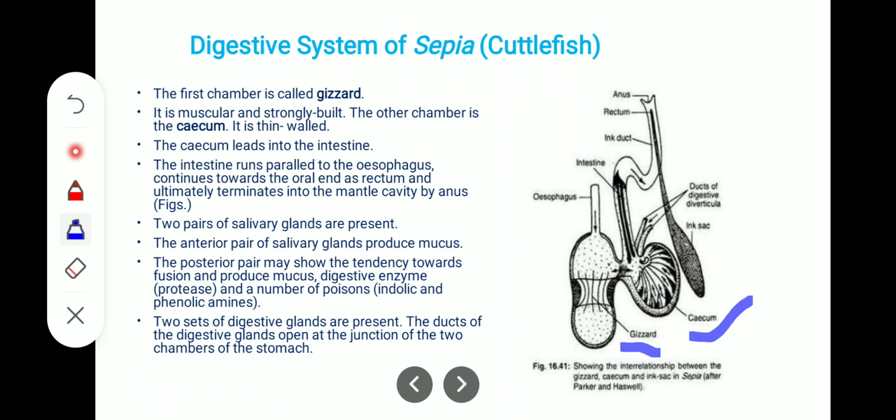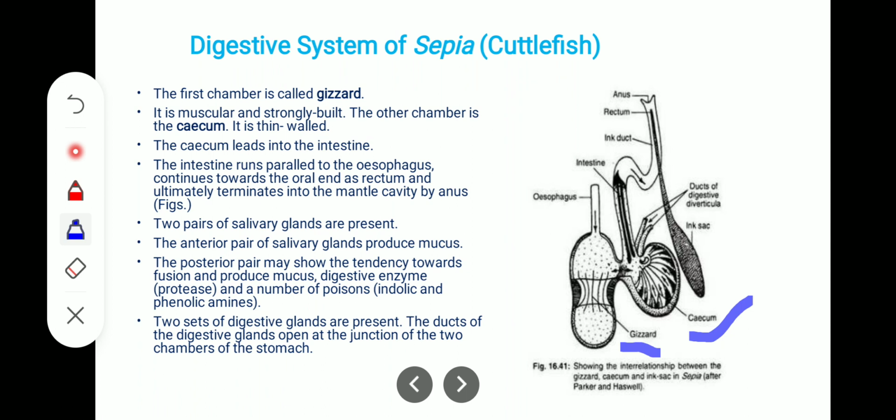2 pairs of salivary glands are present. The anterior pair of salivary glands produce mucus, and the posterior pair may show a tendency towards fusion and produce mucus, digestive enzymes like protease and a number of poisons, for example indolic and phenolic amines, which are poisonous.